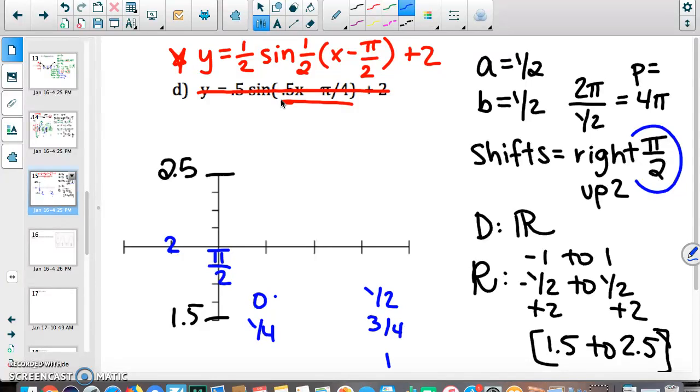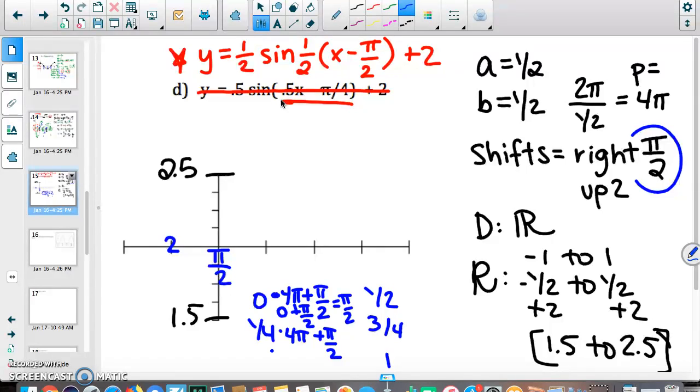Those are my subintervals. So you multiply that by the period, and then I'm shifting right pi over 2, correct? So my first subinterval is 0 times 4 pi. That's just 0. 0 plus pi over 2 is pi over 2. Awesome. Okay, 1/4 times 4 pi plus pi over 2 is my second subinterval.